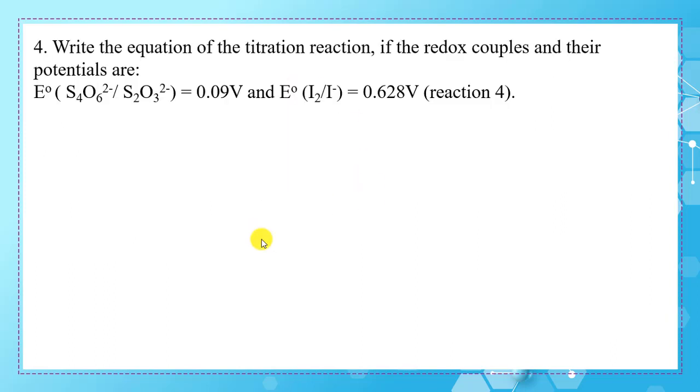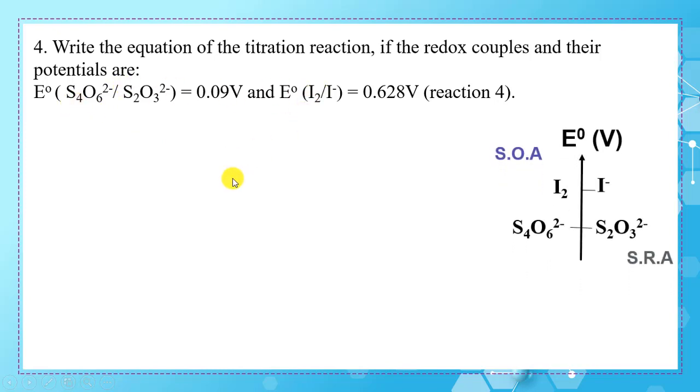Number 4, write the equation of the titration reaction. The redox couples involved are given with their values of reduction potential E0, so we directly place them on the electrochemical axis. We can see that I2 has the stronger oxidizing power, and S2O3 2- has the stronger reducing power.